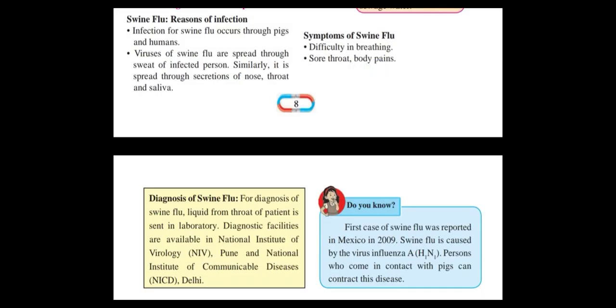Then there is one more disease, that is swine flu. This swine flu is an infection that passes between pigs and humans, from animals to humans. The virus of swine flu is spread through the sweat of an infected person, or through secretions of the nose, throat and saliva. It is a new strain of influenza virus that causes symptoms similar to regular flu.